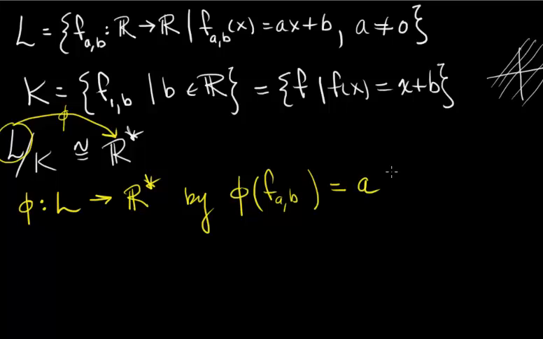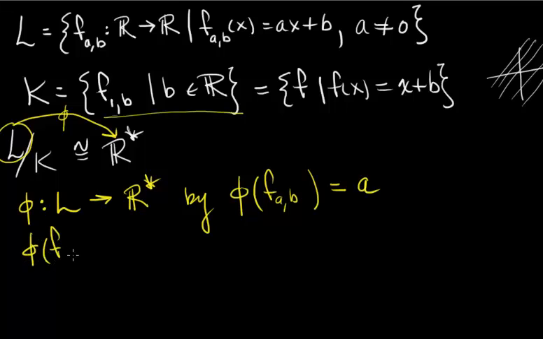Well, because 1 is the identity in R star, and this will map all of the functions with coefficient of x equals 1, a equals 1, to the identity, and that's exactly what we want to be our kernel.